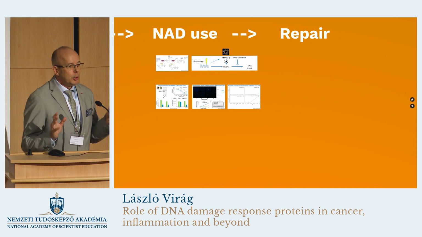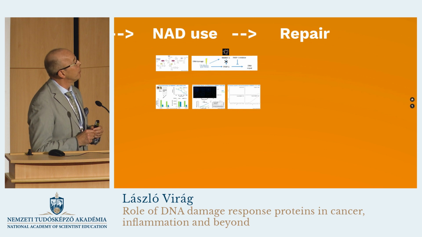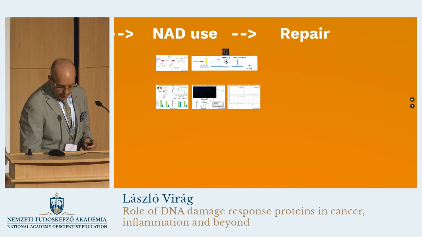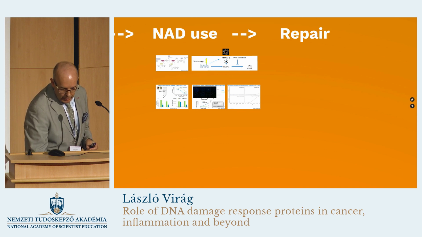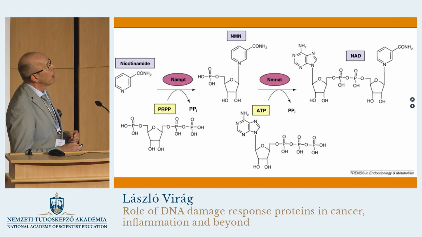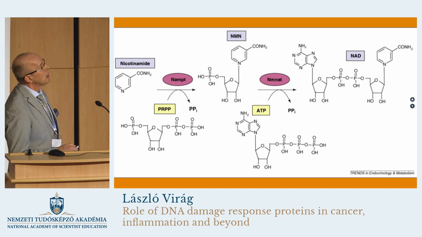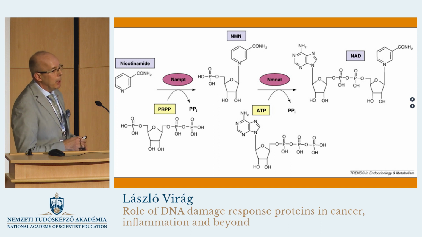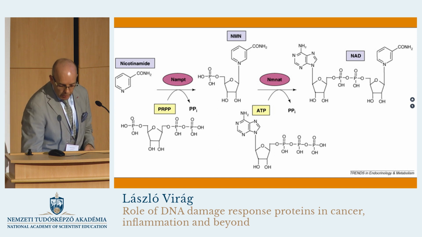So we didn't do too much cancer-related work before, but recently we had a project that focused on the use of NAD, which is the substrate of the PARP enzymes. And the idea was to target PARP activation by limiting the supply of NAD. There are several enzymes involved in the NAD synthesis, so we focused on NMN81, because it's difficult to bypass in the synthetic pathway.